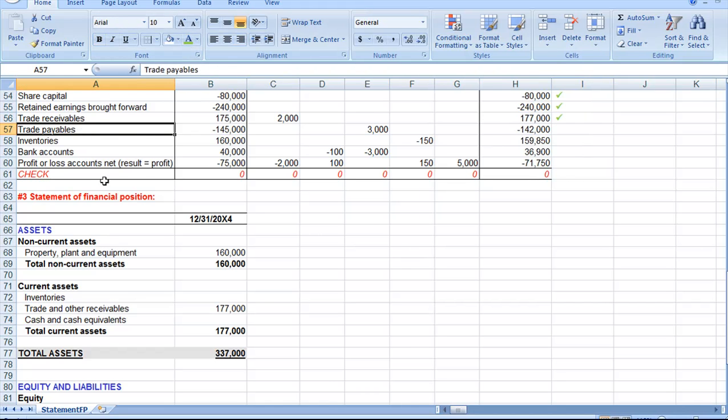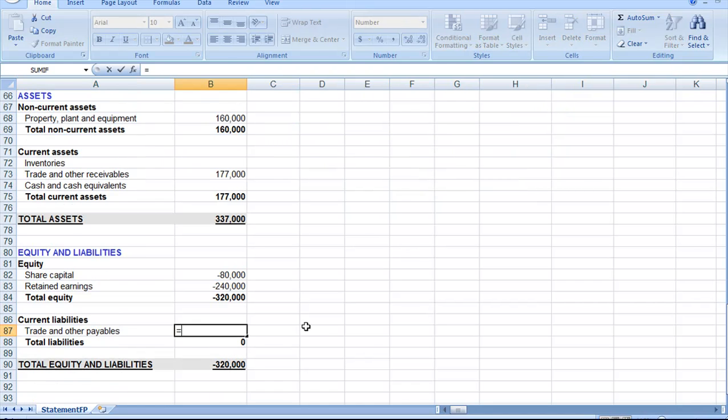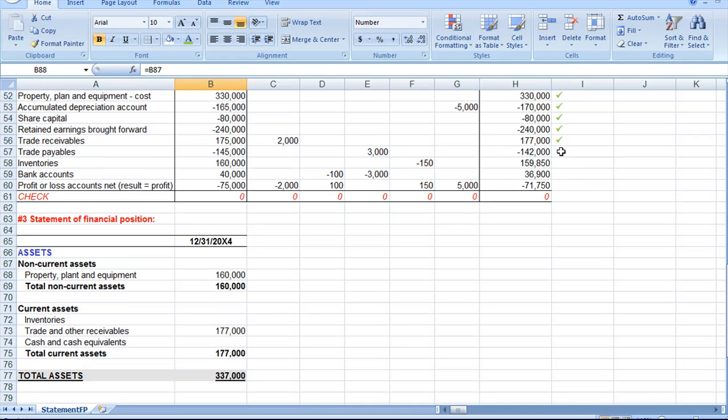Trade payables go to trade and other payables in the current liabilities. Let me put the green tick. Inventories go to inventories in the current assets. Green tick. And bank accounts go to cash and cash equivalents in the current assets.